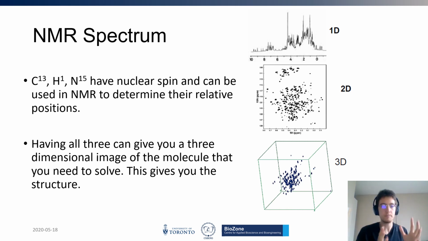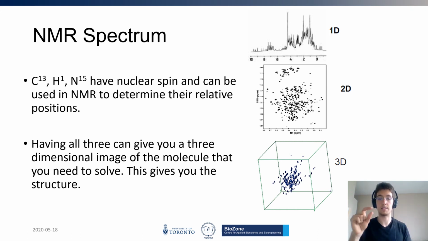Now, you can imagine if I have information about where the carbons are located, where the hydrogen are located, and where the nitrogen are located on this amino acid sequence, on this protein, right? I can get information about the 3D location of each one of these atoms, right?